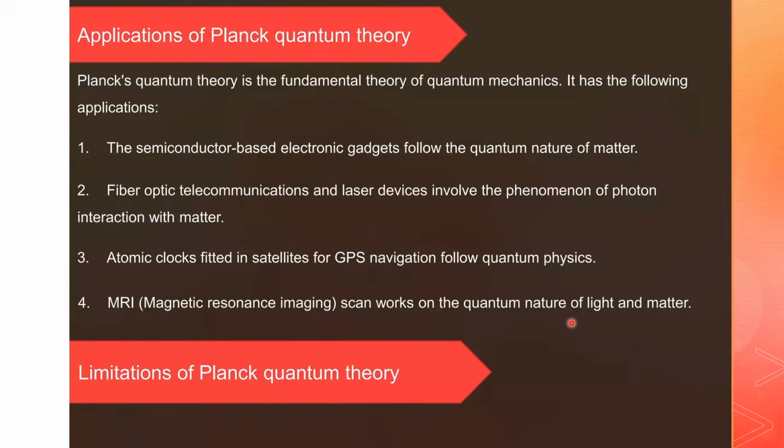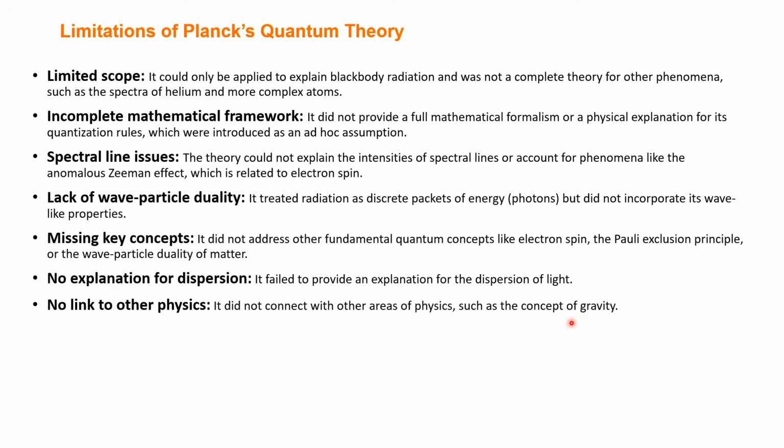Then, what are the limitations of Planck's quantum theory? There are some limitations also. Here we will discuss them. It has limited scope. It could only be applied to explain black body radiation and was not a complete theory for other phenomena such as the spectra of helium or more complex atoms.